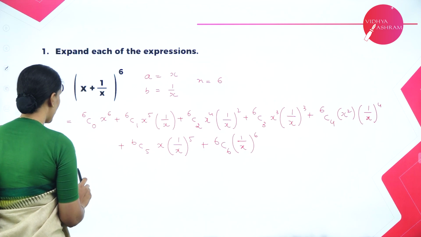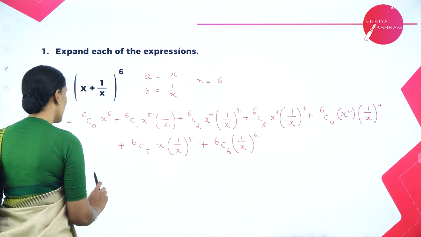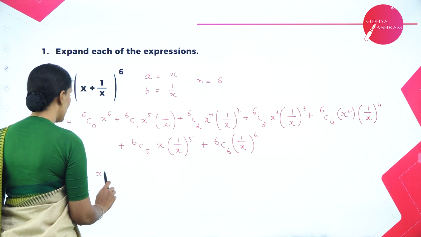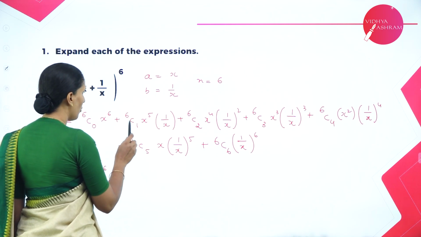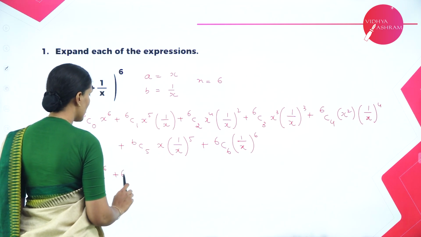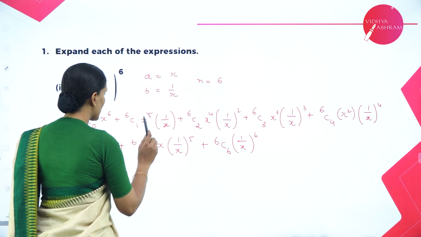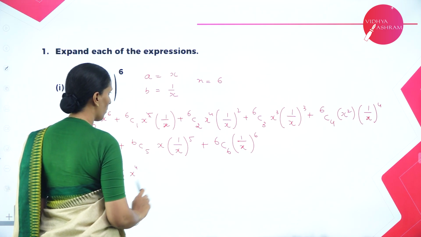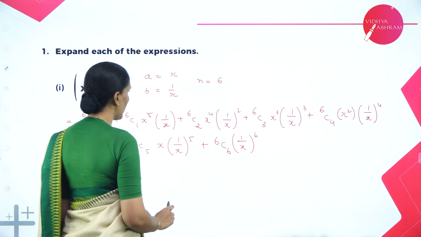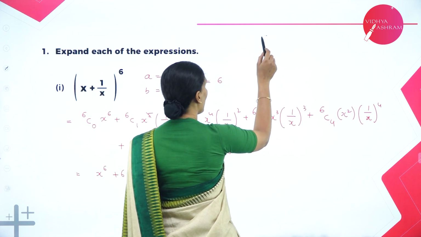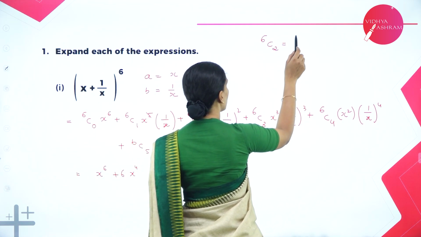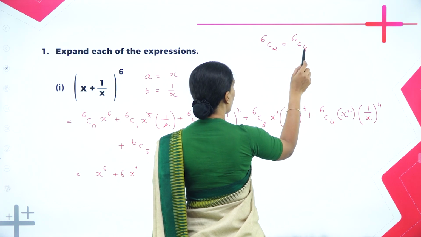Now the value of 6C0 is 1. So the first term is x power 6. The value of 6C1 is 6, and we have x power 4. Now 6C2 and 6C4 are one and the same, because 4 plus 2 is 6.